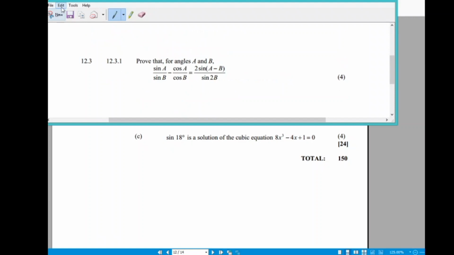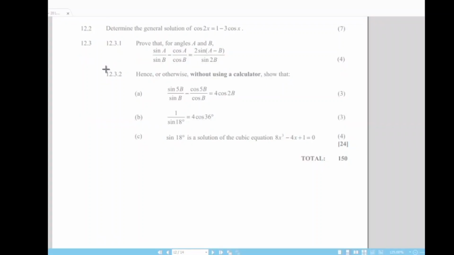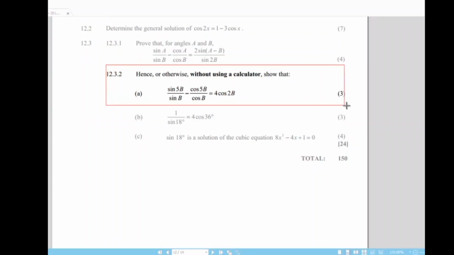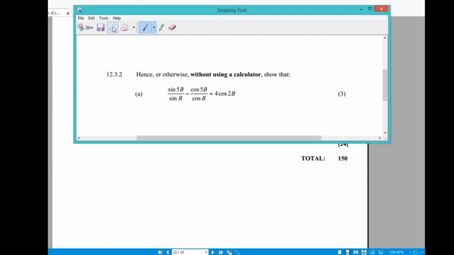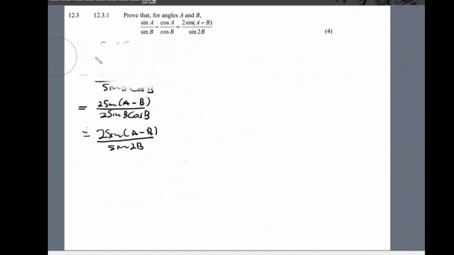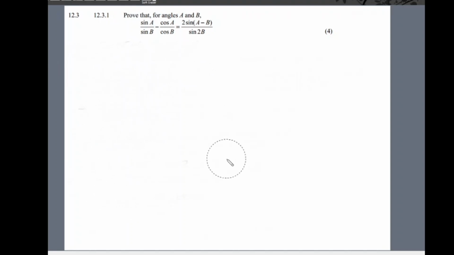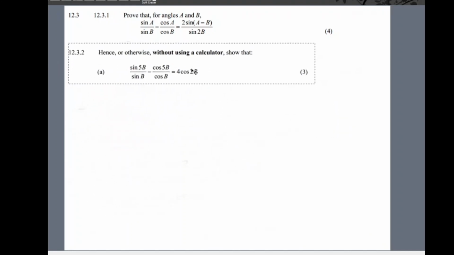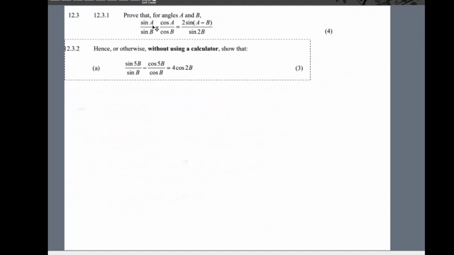So if we take the hence approach, from the previous question, in place of A we have 5B.